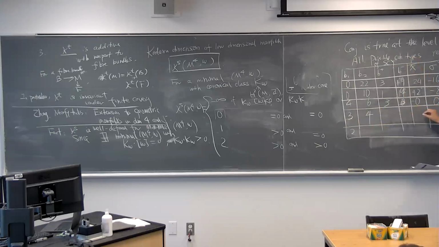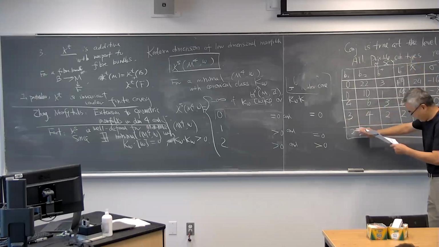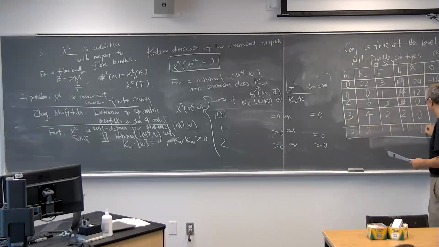In this case, 0, 0. This is a KT. So here 2, 2, this is the Kodaira-Thurston manifold, and then you have 2, 1, 1, 0, 0, and this is the hyperelliptic surface.